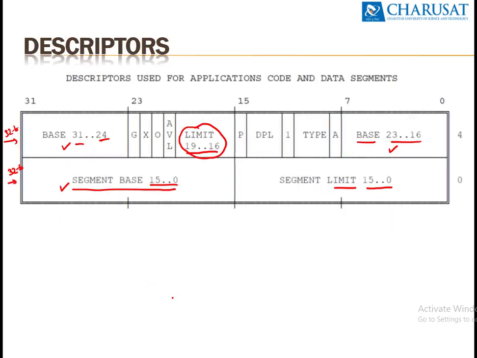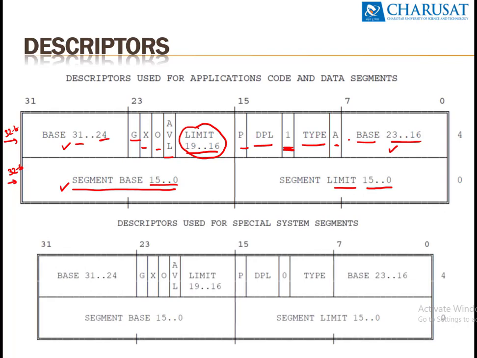Let's continue with the other fields of the descriptor. We can see the granularity, DPL value, type. These are ones and zeros that we'll see. This is X, O, AVL, that's for security. This is for protection. A is some flag. There are various types of descriptors available, but basically they are categorized under two: one is for application and another is for system programs.